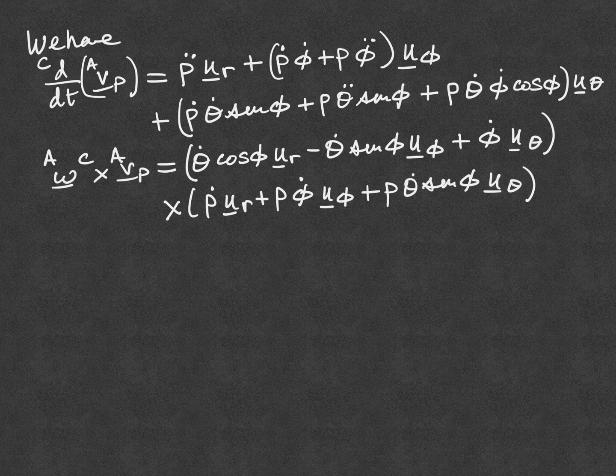So this last result is equal to UR crossed with UR is 0, UR crossed with U phi is U theta.